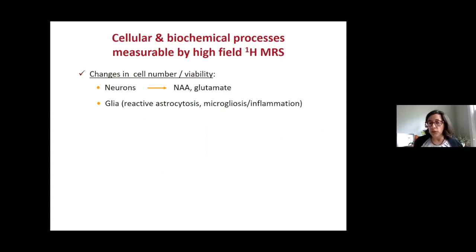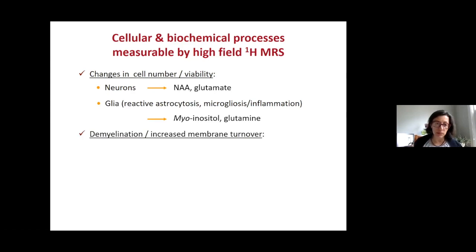Then we have putative glial markers, myo-inositol and glutamine, that tend to go up if there is gliotic activity in the brain. We have potential markers of demyelination and increased membrane turnover. Those are choline-containing compounds and mobile lipids that become detectable in certain conditions.